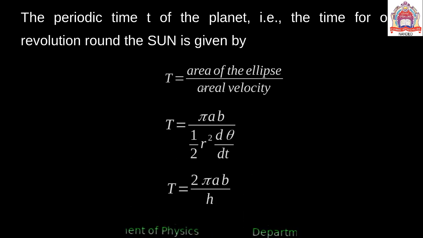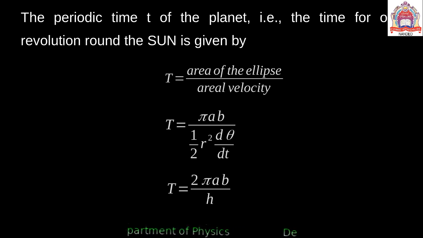The periodic time T of the planet, that is the time for one revolution around the sun, is given by T equal to the area of the ellipse divided by the areal velocity. That gives T equal to pi ab divided by half r square d theta by dt.